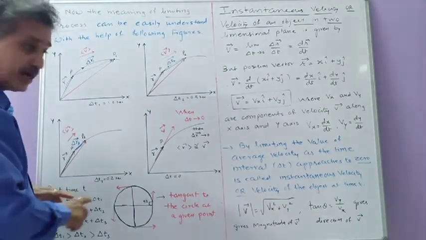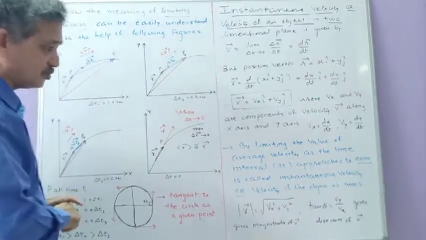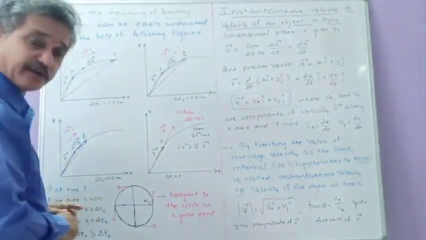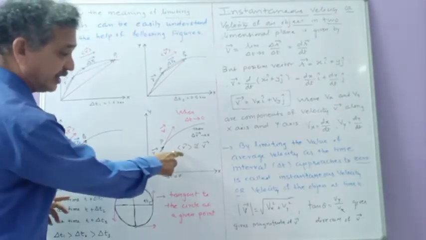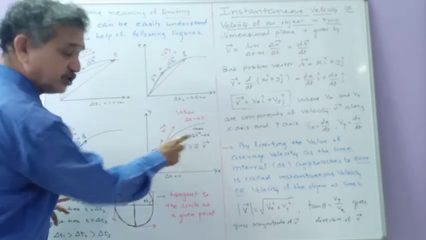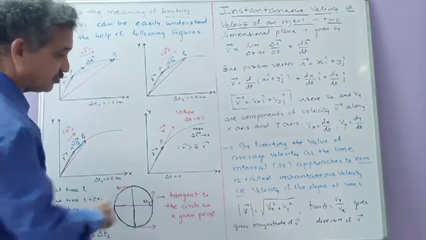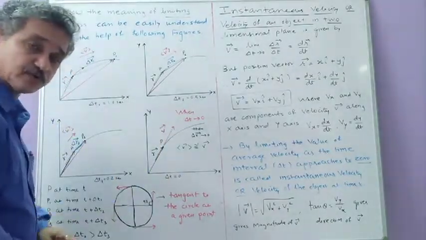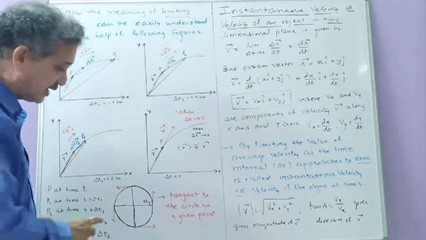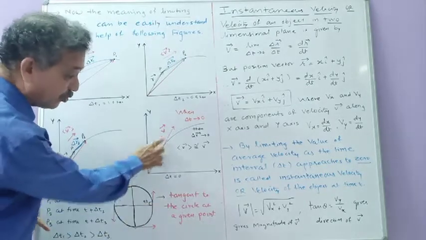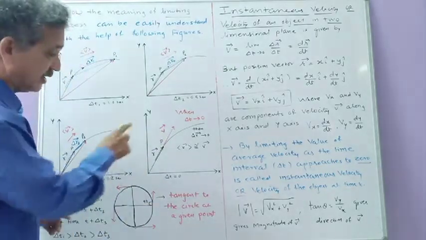But when Δt is nearly equal to 0, the displacement vector is nearly equal to 0, and at that time the average velocity is said to be the instantaneous velocity. So this now becomes the instantaneous velocity, and this instantaneous velocity is always in the direction of a tangent drawn to the curved path at a given point.